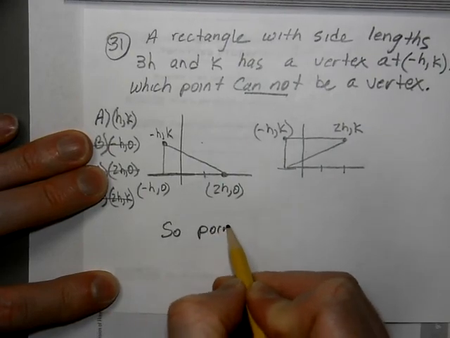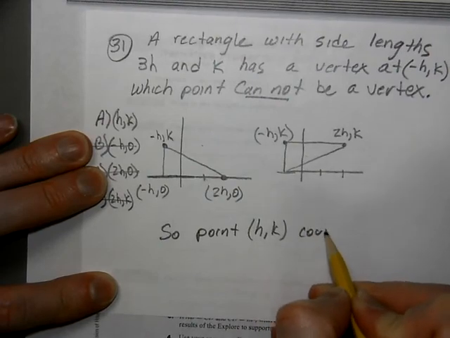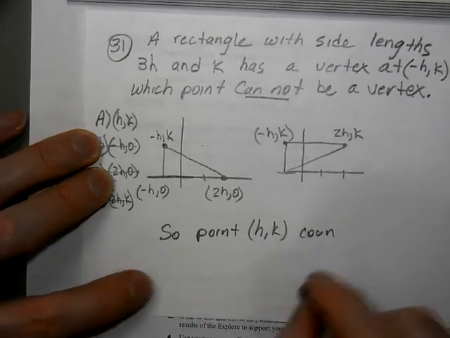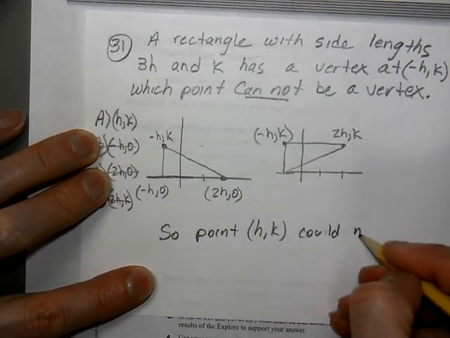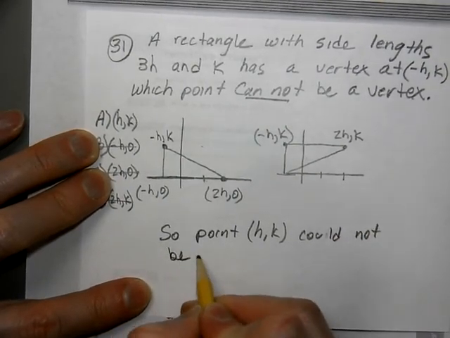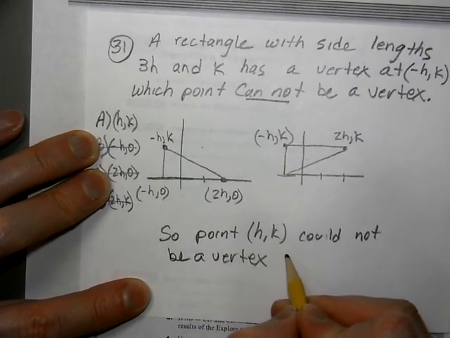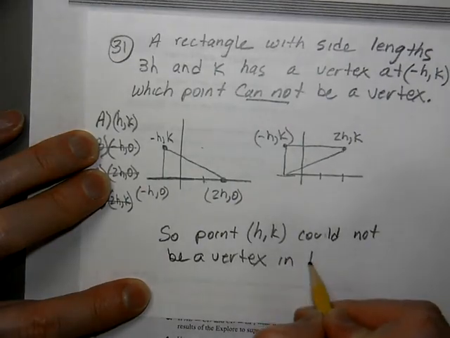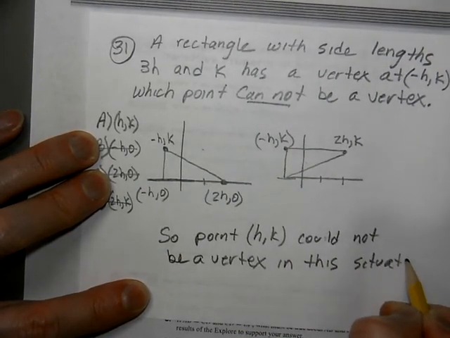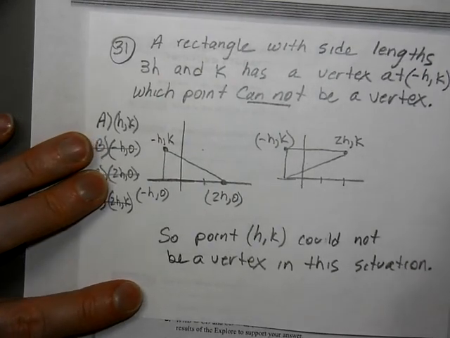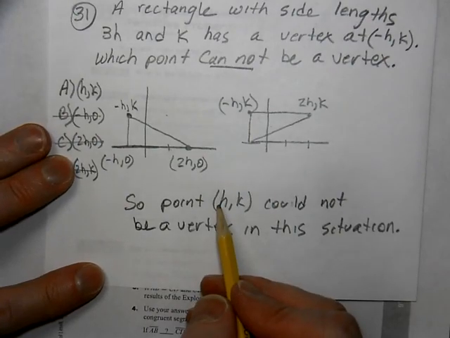So point HK could not be a vertex in this situation. So that was option A.